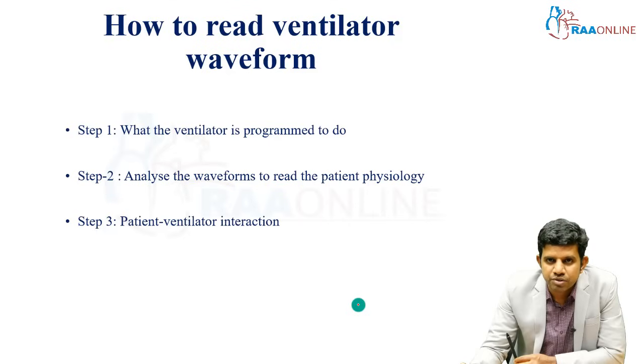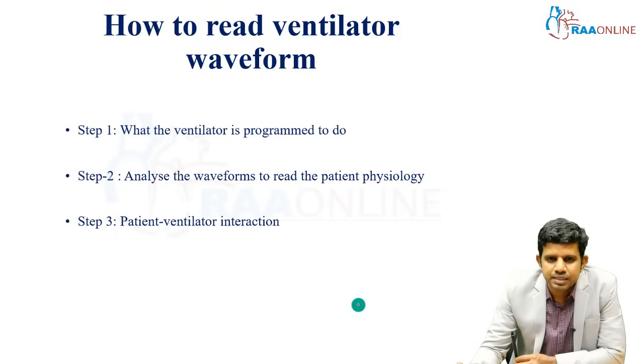If it is pressure control, you set the pressure on the ventilator, and it will be constant irrespective of the patient's resistance and compliance. So first you should know the mode and how that mode behaves. This is very important. It is step one when you start reading the ventilator waveform.